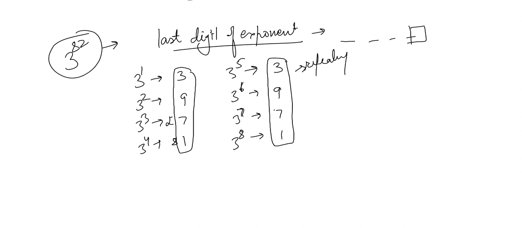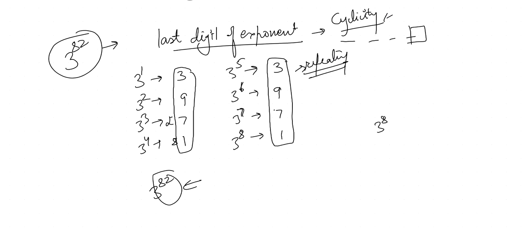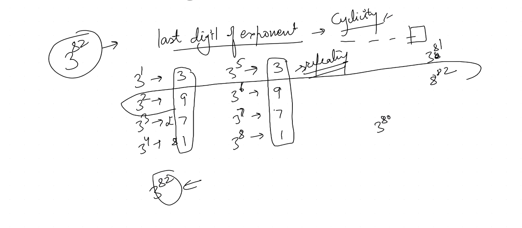This is what we call cyclicity. Now, for example, 3 raised to power 82. If we keep writing in groups of 4, 3 raised to power 80 will be somewhere here. Then we'll again start with 3 raised to power 81, 3 raised to power 82. So the last digit would be nothing but 9.